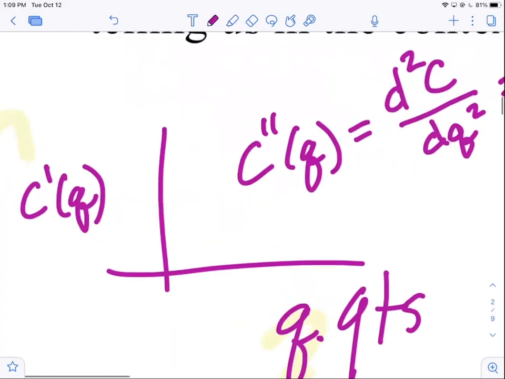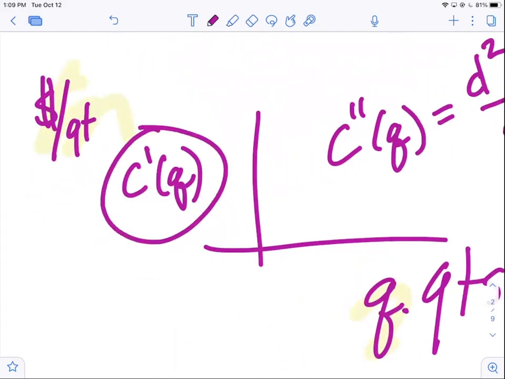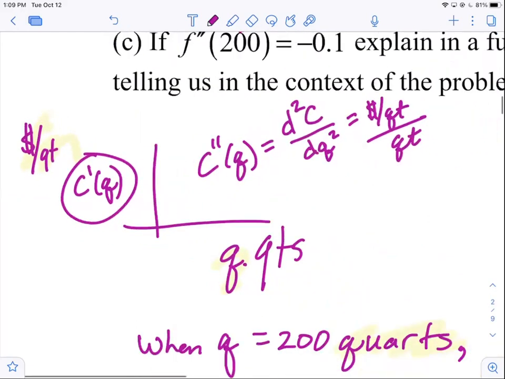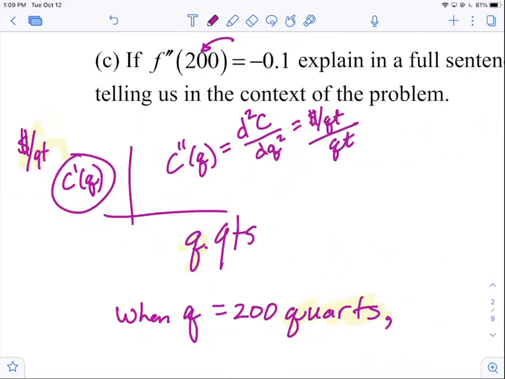Now, the second derivative measures the rate of change in the first derivative. So I need to see what that quantity is. What would you call the quantity C prime? C is the cost, right? The production cost. So what would C prime be? Do we have a term for that?